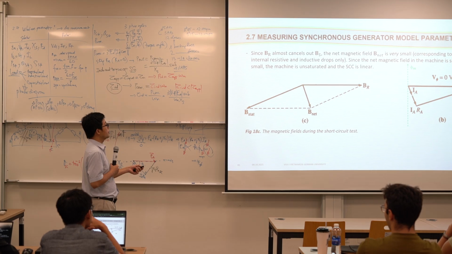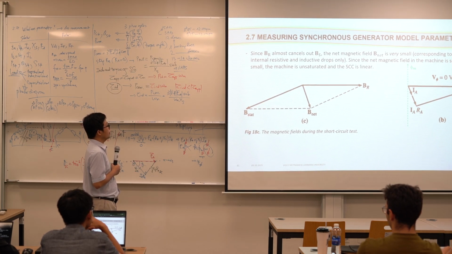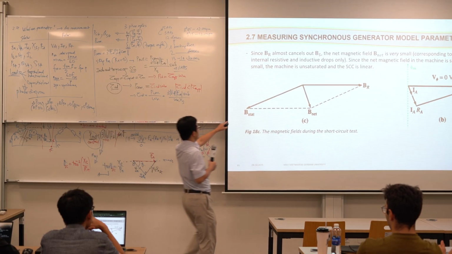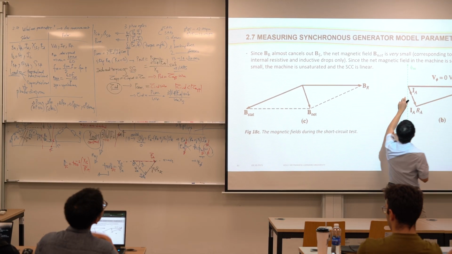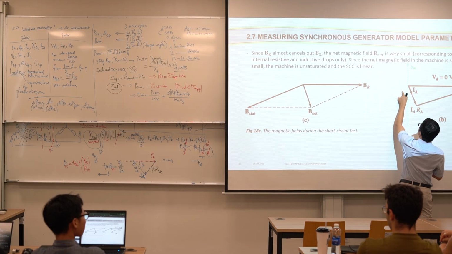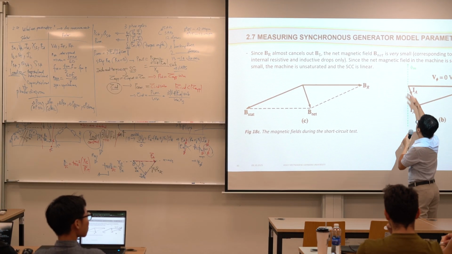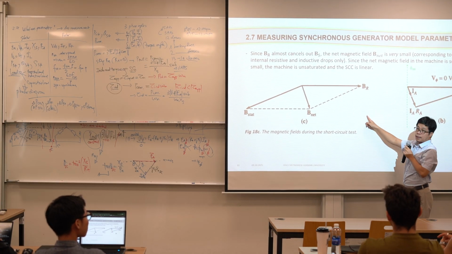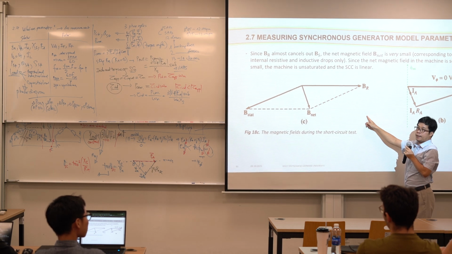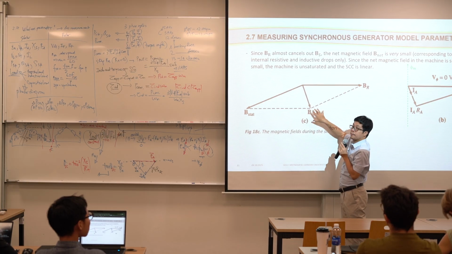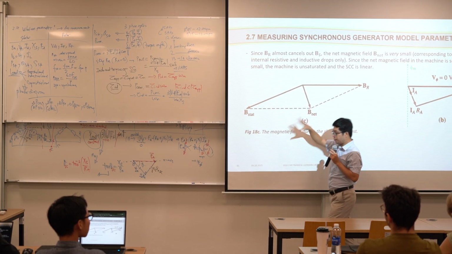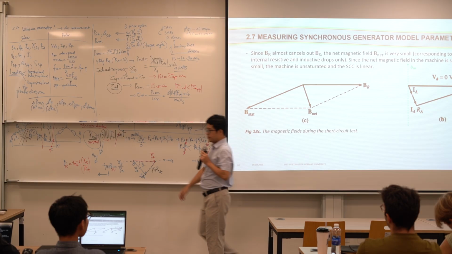We have B net and we have B stator. B stator is perpendicular to IA, we discussed this before. So if we know IA, you can get B stator. We take the sum of BR and B stator, we get B net. We studied this before.